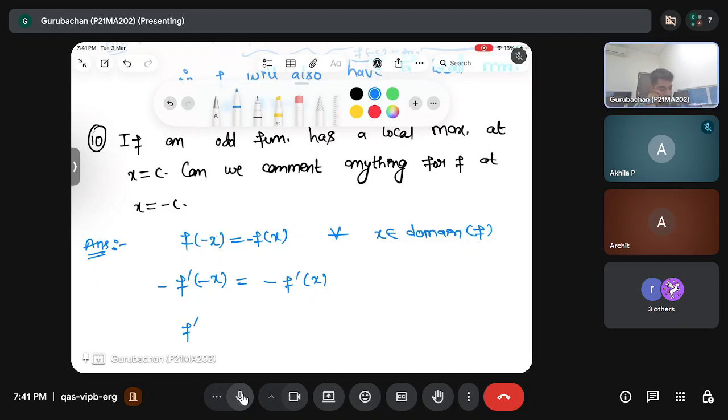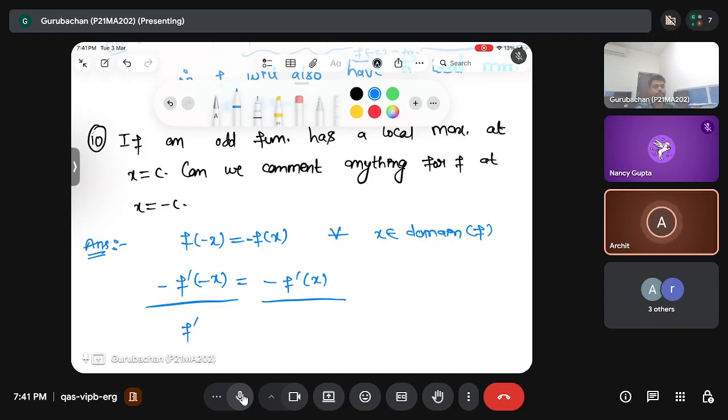Why will there be a minus sign? Yes, sir, because we have firstly differentiated with respect to minus x, then minus x with respect to x. Is it clear, Nancy? Yes, sir, clear.